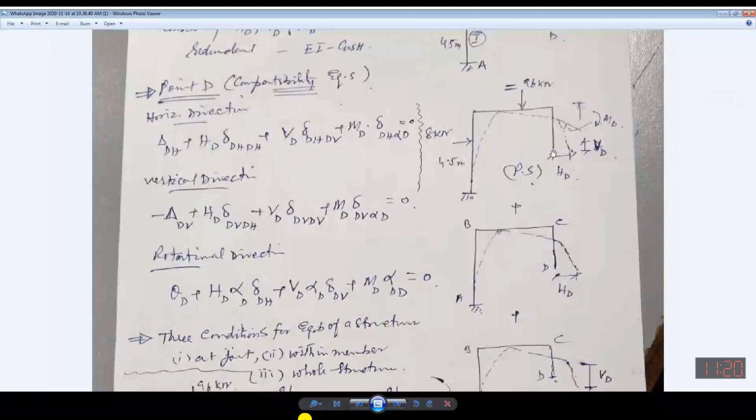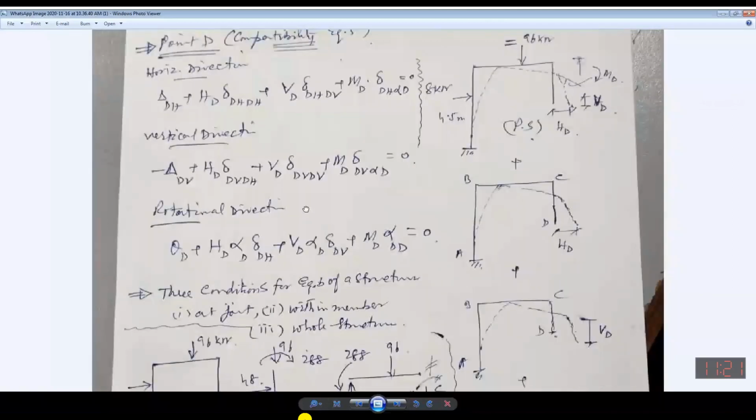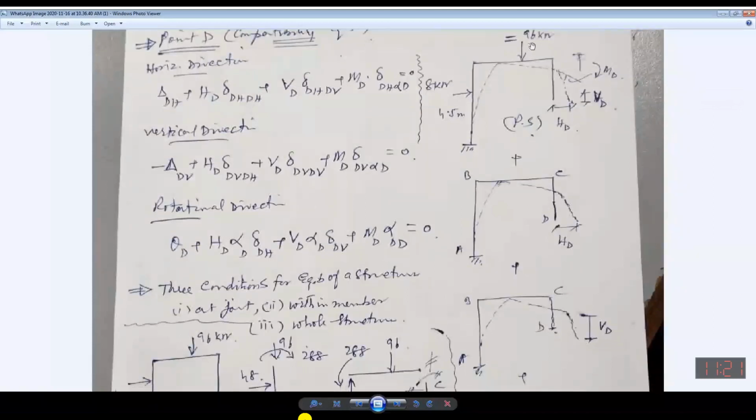Now this is negative. This shows you the displacement at point D in the vertical direction, and similarly the vertical direction due to HD, due to VD, and due to MD. Similarly, the rotation: this is the rotation due to applied actual loading, this is the rotation due to HD, this is the rotation due to VD, and this is the rotation due to MD.